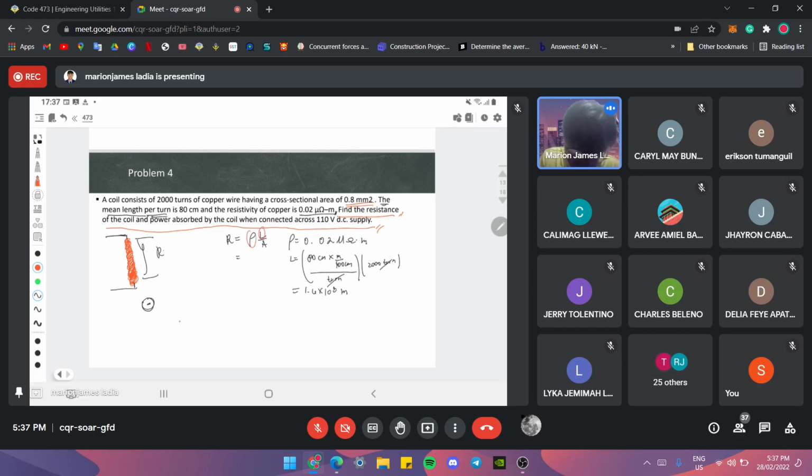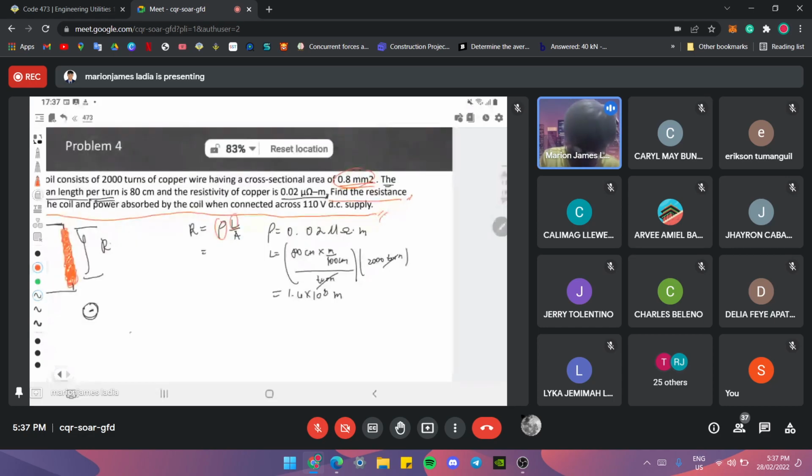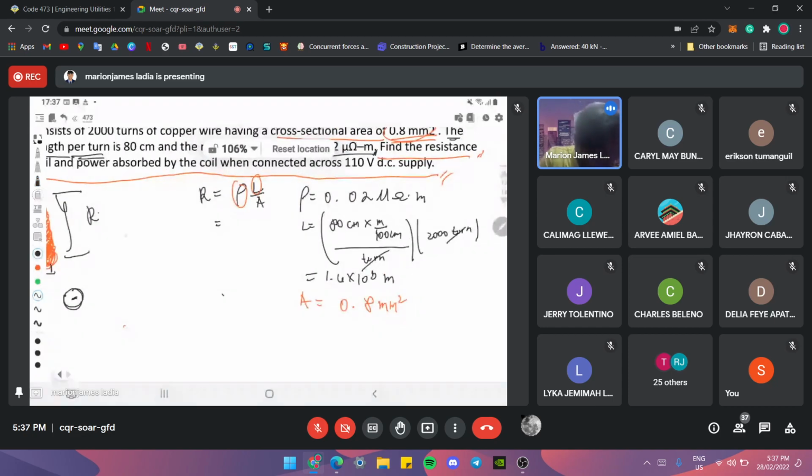Meron tayong P. Of course, meron din tayong cross-sectional area, so hindi na tayo pinahirapan ng problem. So, area is equal to 0.8 millimeter square. Ngayon, solve natin siya.